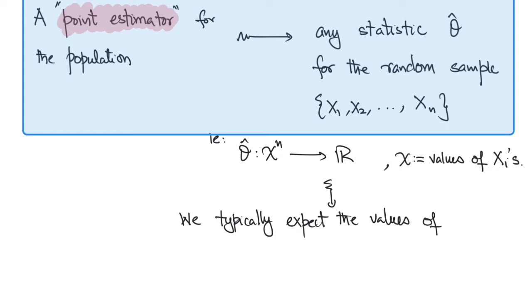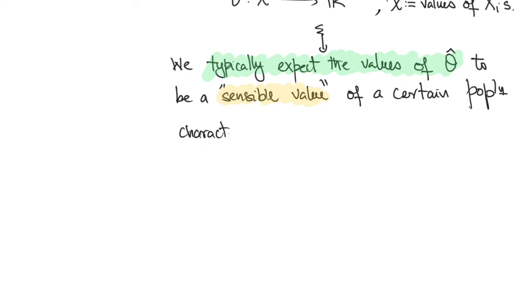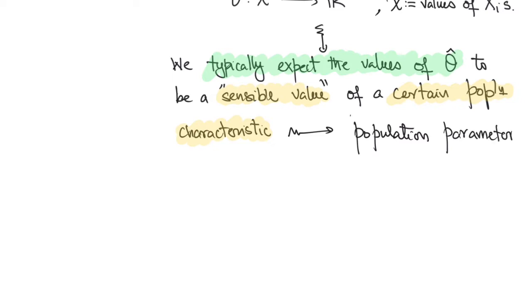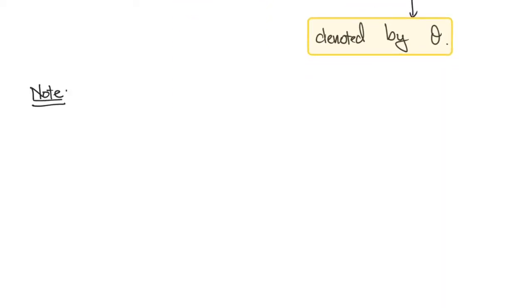We would typically expect the values of our estimator theta hat to be some sensible value of a certain population characteristic. This population characteristic would be typically called the population parameter and is usually denoted by the symbol theta.